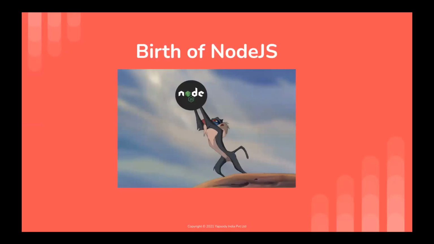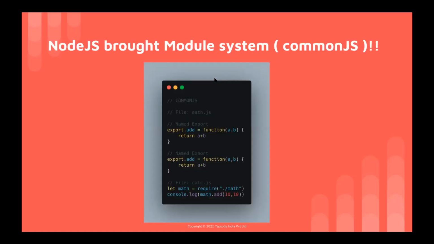Then came the birth of Node.js around this era, like 2012, I guess, 2011 and 2012. Node.js came with this module system called CommonJS, which provides an easy way to share functions in your code.